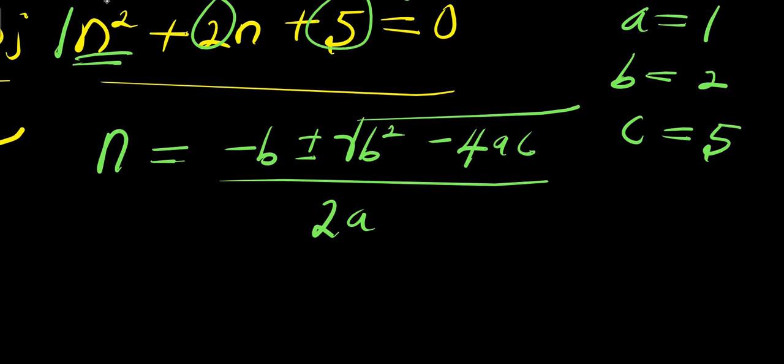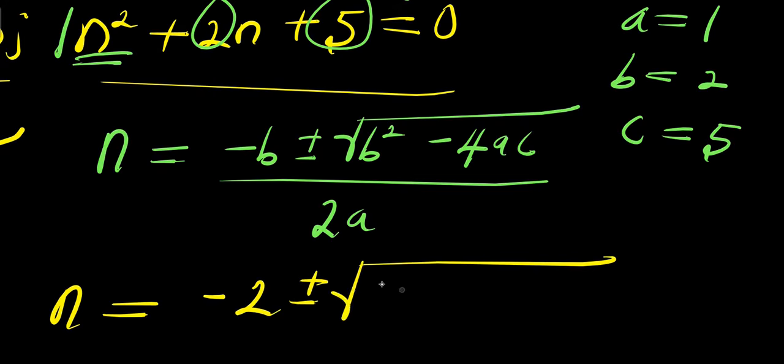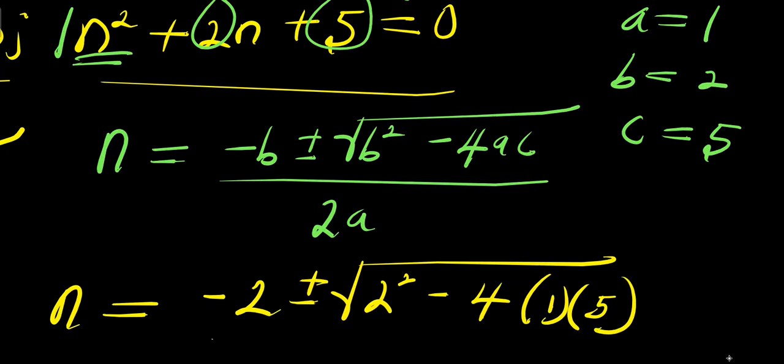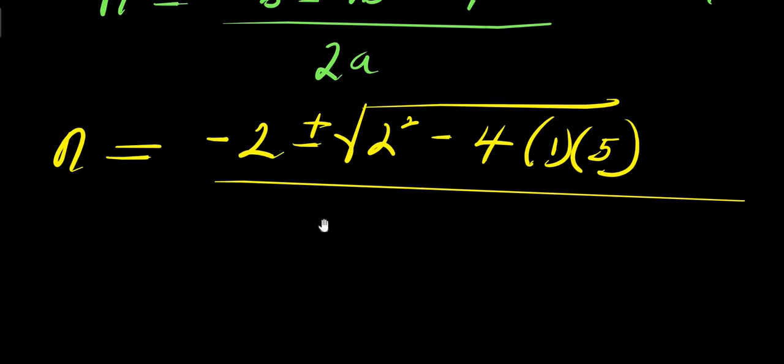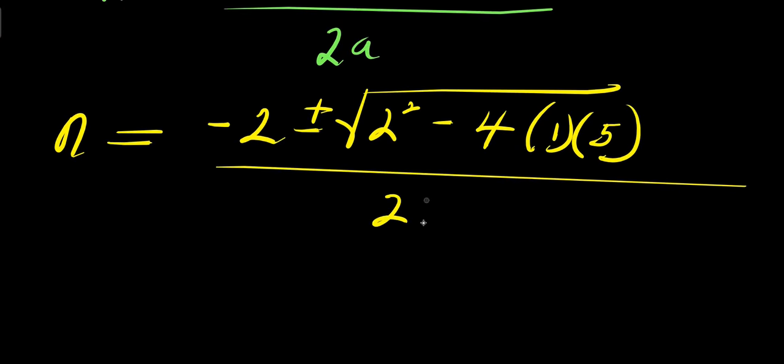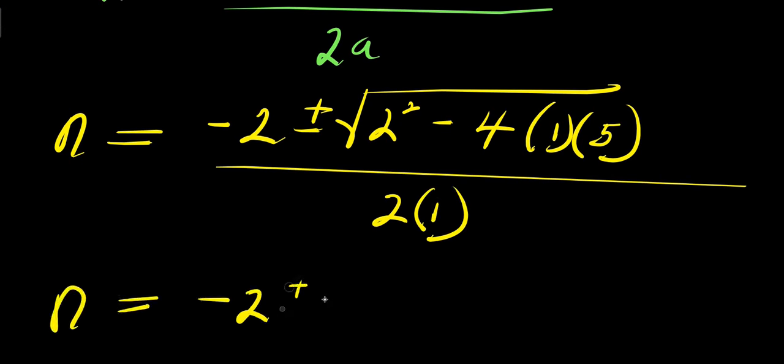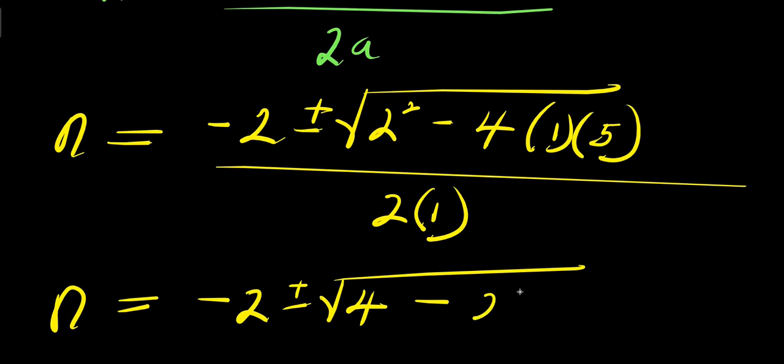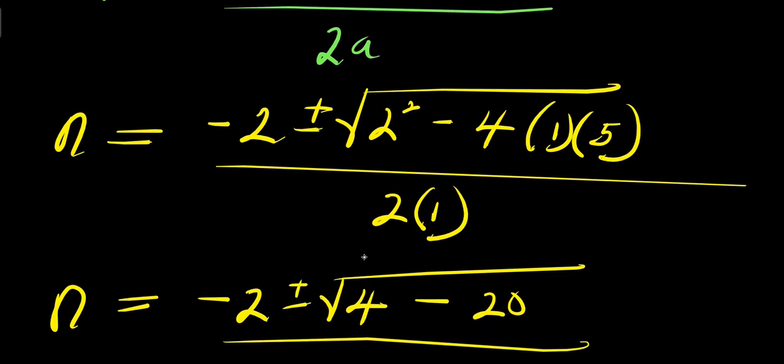So from here, n equals negative 2 plus or minus square root of 2 power 2 minus 4 times 1 times 5, divided by 2 times a. We have n equals negative 2 plus or minus square root of 4 minus 20, divided by 2.